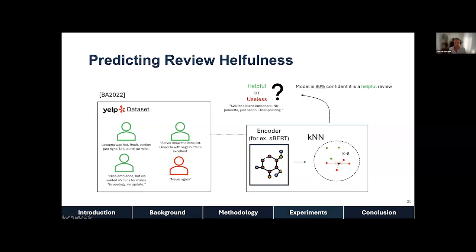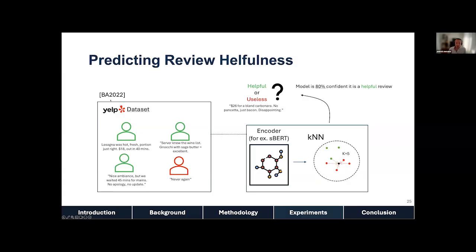The embeddings are just a way to encode unstructured data, so textual data. And this way you can use a very basic model like k-nearest neighbors. We verified that the performance of this k-nearest neighbor was on par with the performance they got with transformer models in their paper.